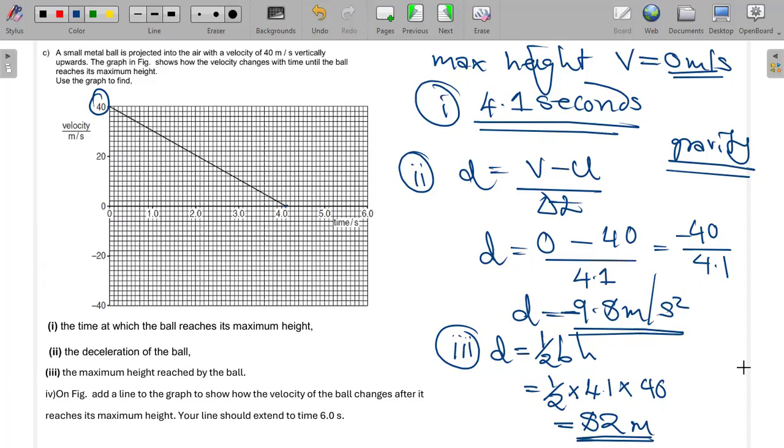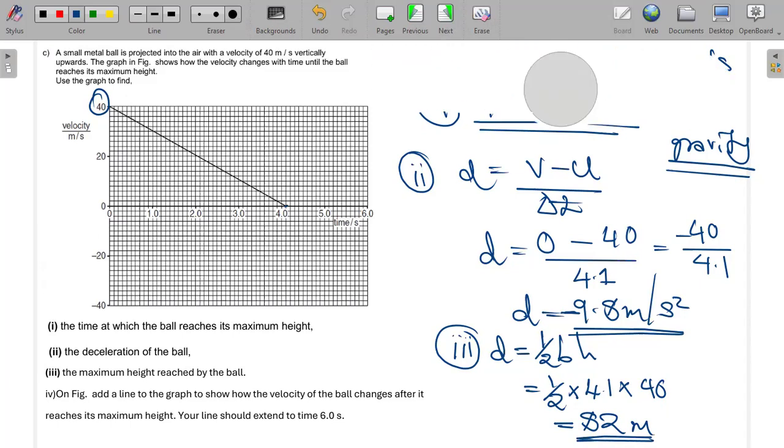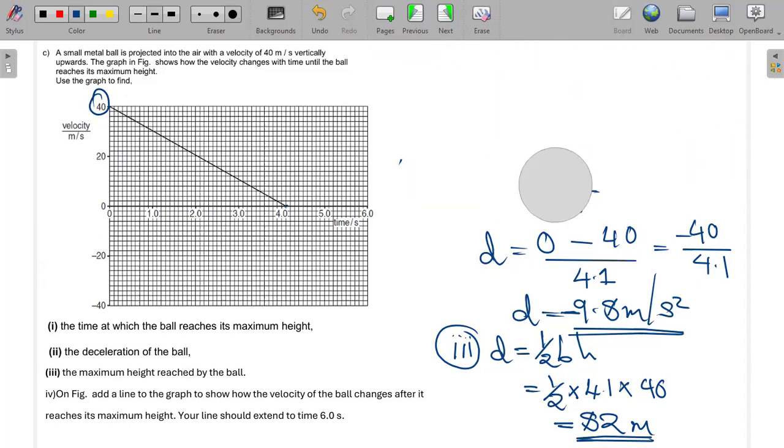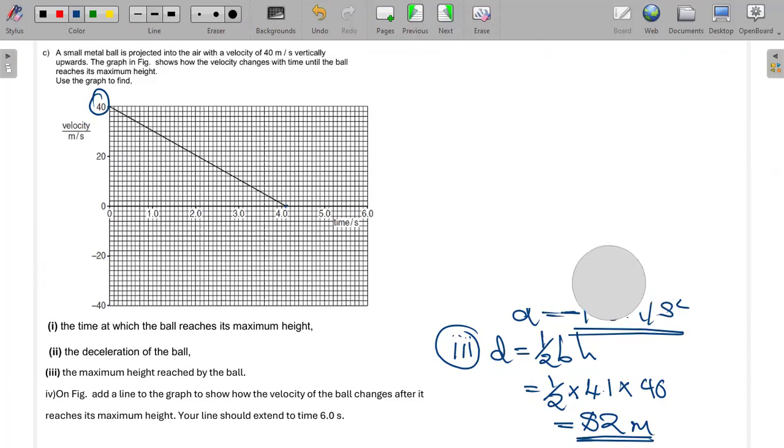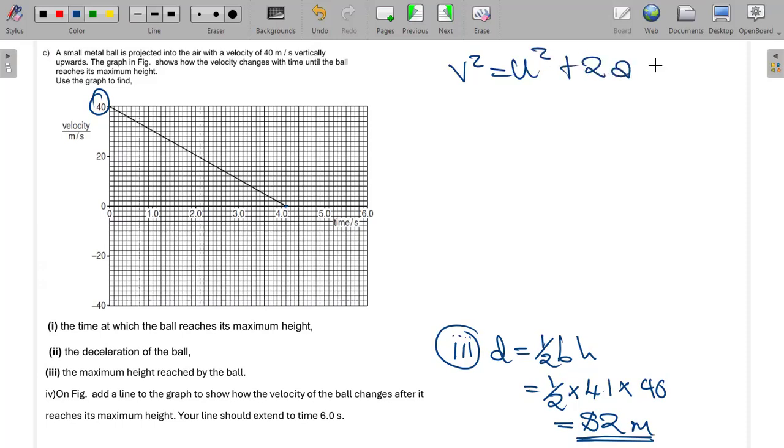So there you have it, ladies and gentlemen. Or if you don't want to use this particular formula, you can also use v squared equals u squared plus 2as. Let me create some space here at the top. So what are we looking for? We're looking for the distance traveled. We know the final velocity is equal to 0.